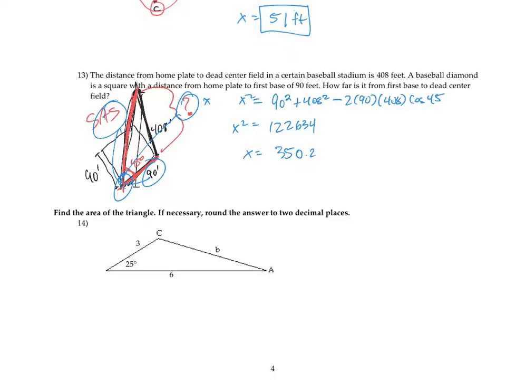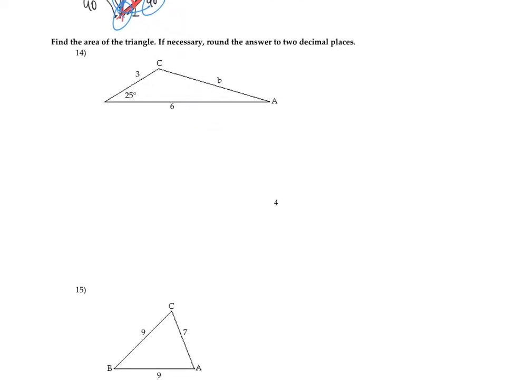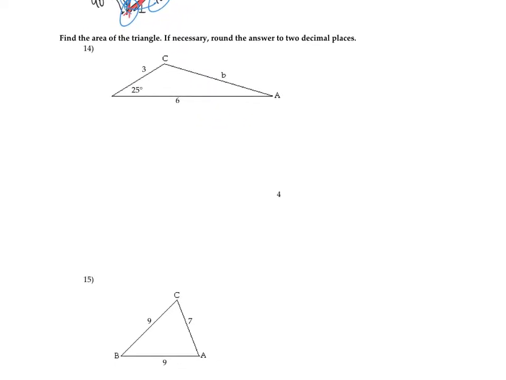I'll go ahead and throw in a 0.2 for just a little extra accuracy. 350.2 feet done for that particular stadium. Worth noting that different stadiums vary for the distance, so it's not a fixed number for all of baseball when you measure dead center to first base.